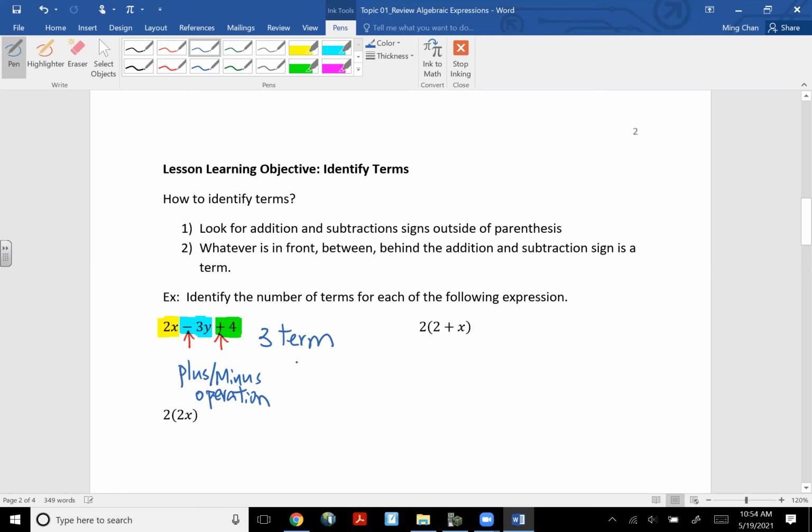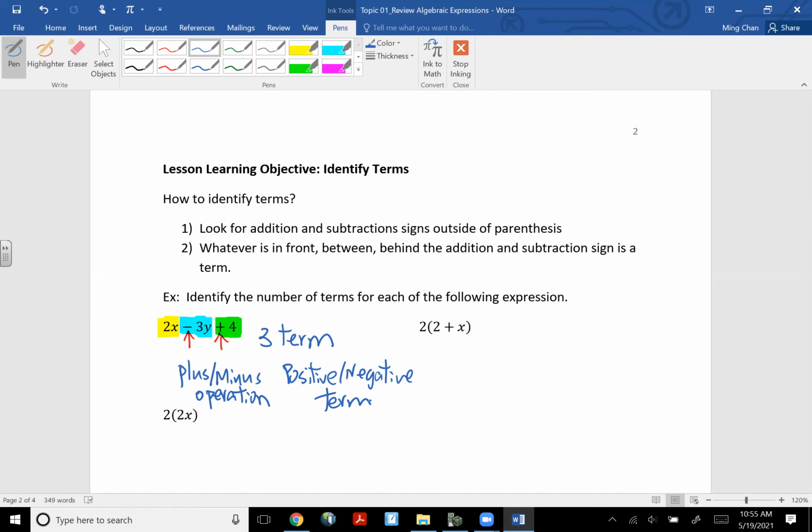When we're looking at them as individual terms, we say the word positive or negative. Same symbol, but two different perspectives. Positive, negative means you're looking at them as individual terms. When you're ready to do the operation, you can say plus and minus.